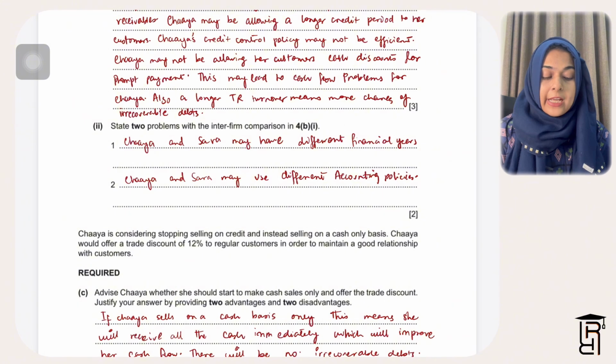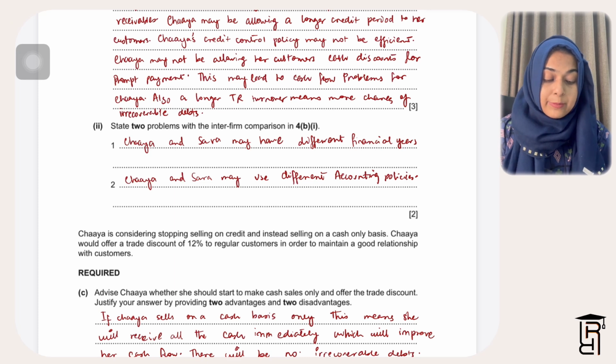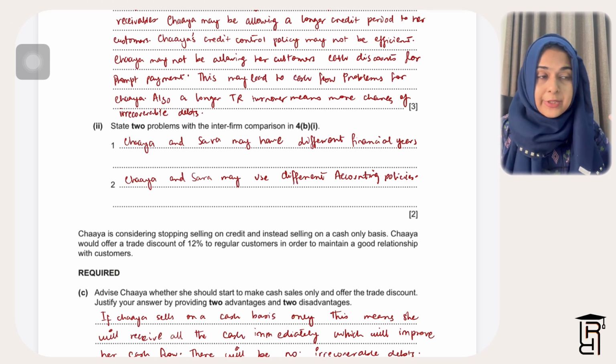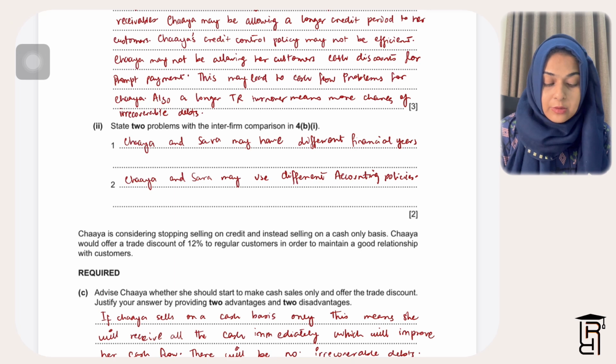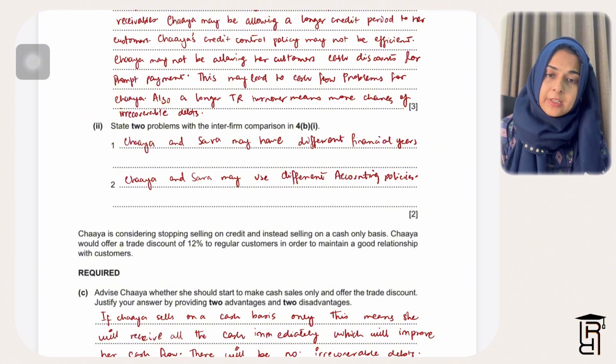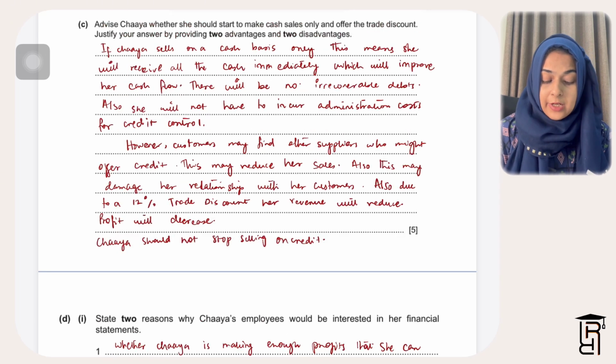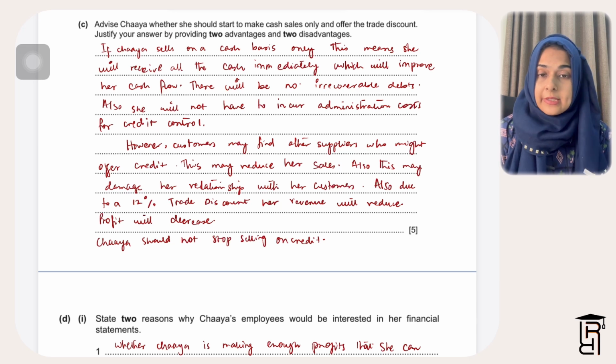If Chaya sells on cash basis only, this means that she will receive all the cash immediately, which will improve her cash flow, obviously. There will be no irrecoverable debts because she'll immediately collect the cash. Also, she will not have to incur the administration costs for credit control. She will not have to keep checking on the customers to pay on time. However, customers may find other suppliers who might offer credit, so longer credit terms.